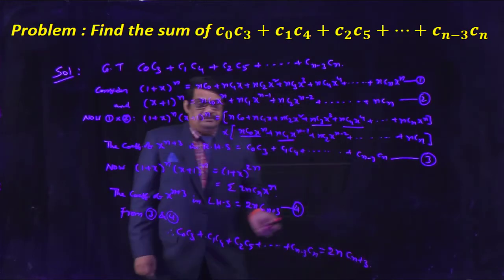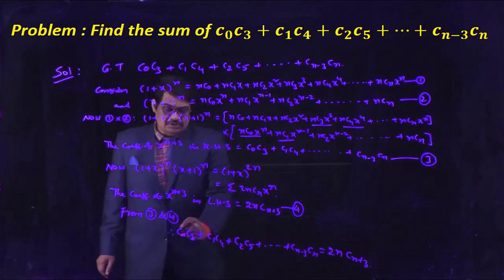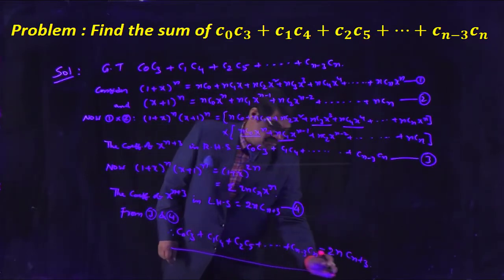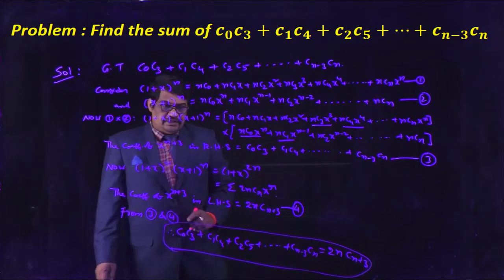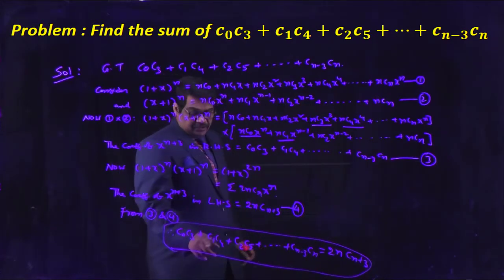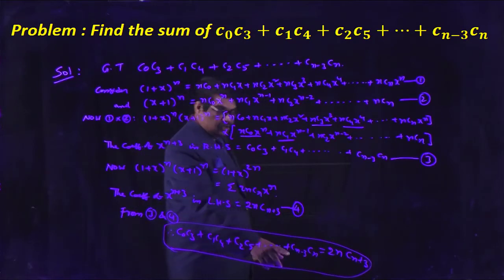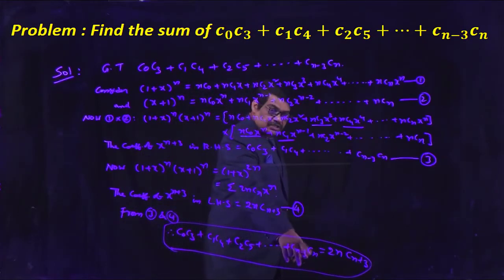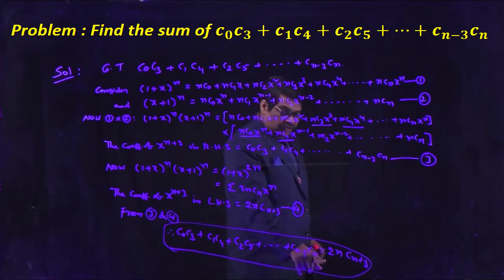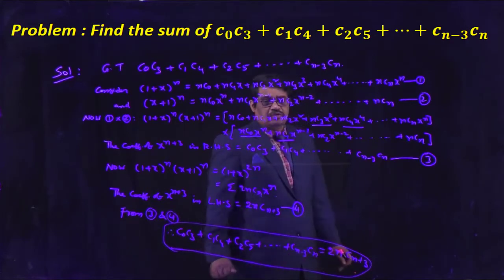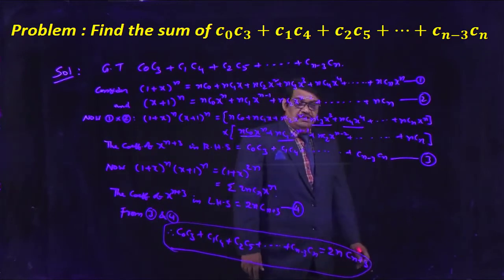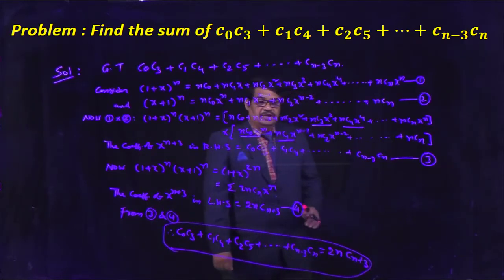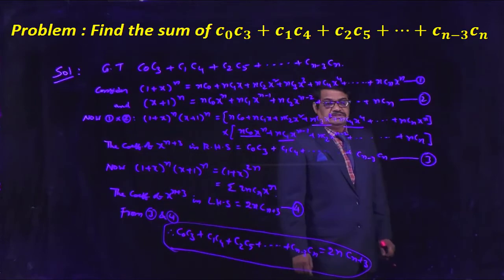So this is our result. The value of the given finite series C0 C3 plus C1 C4 plus C2 C5 and so on plus C(n minus 3) Cn is equal to 2n C n plus 3. Okay, this is our result.